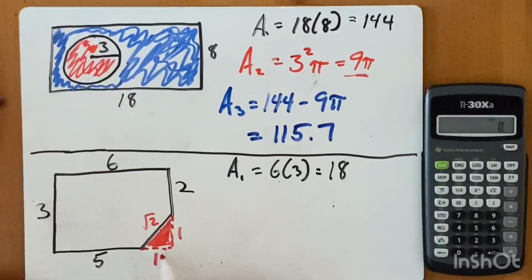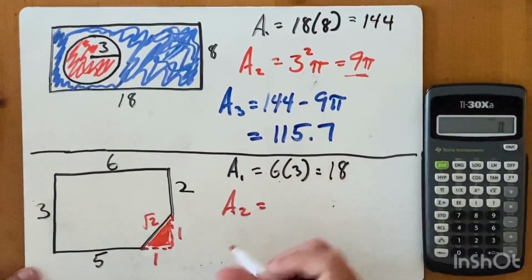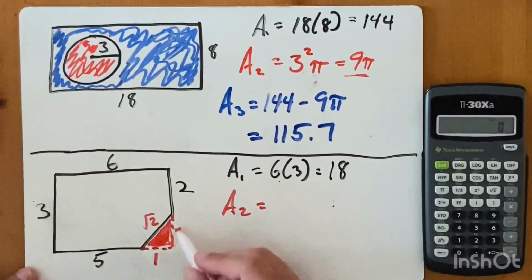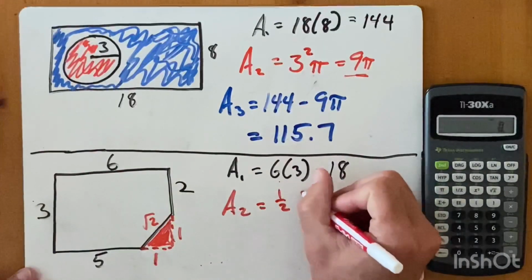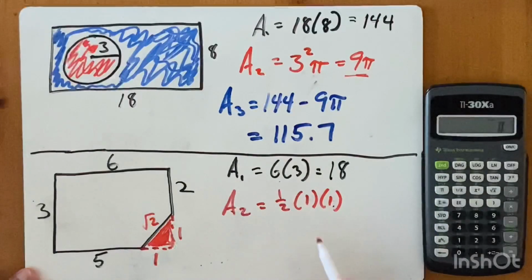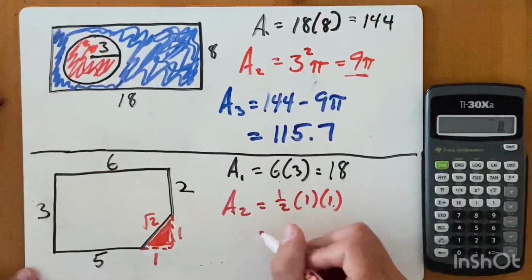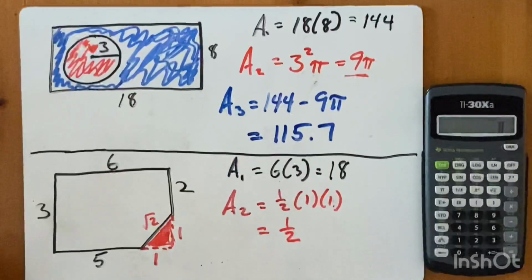What we really need is just base times height. So area of triangle is the base times the height. It's a right triangle, remember, so it's basically leg times leg times 1/2. So that's 1 times 1, which is 1, times 1/2, so the area of that triangle is simply 1/2.